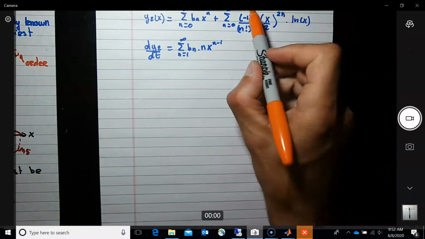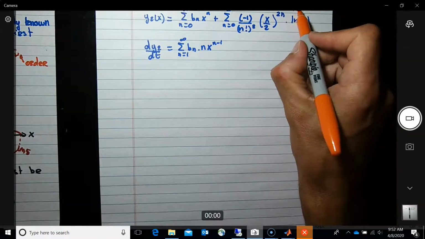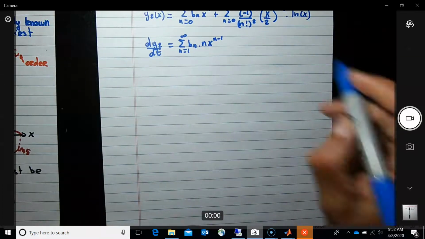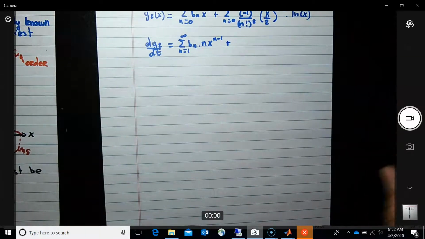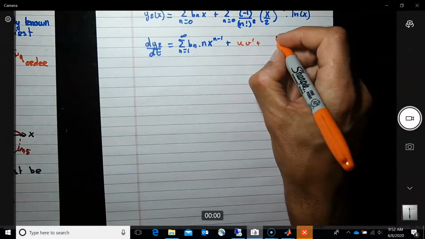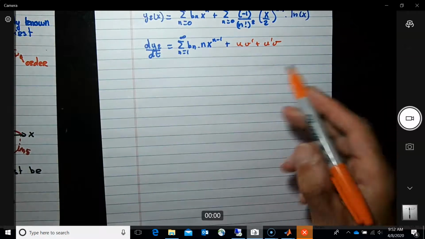Let's say you assume this is a function u, this is a function v, and you will do u v prime plus u prime v, or you can do the reverse.